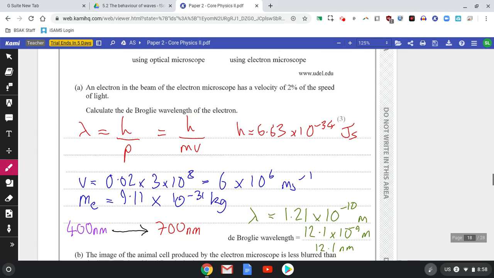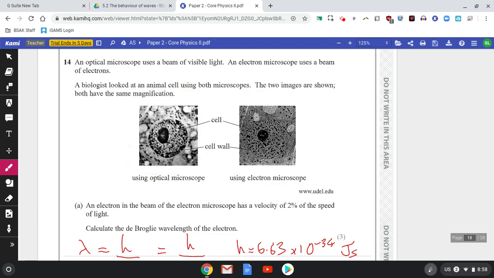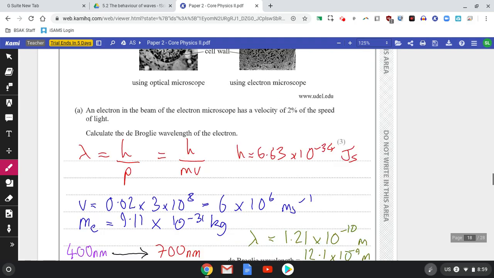Because visible light has a longer wavelength, it's more likely to be diffracted by the fine detail within the thing we're looking at. Electrons, with a shorter wavelength, are less likely to be diffracted by that fine detail. So that's why electrons are much better at seeing, in inverted commas, the fine detail in the microscopic world.